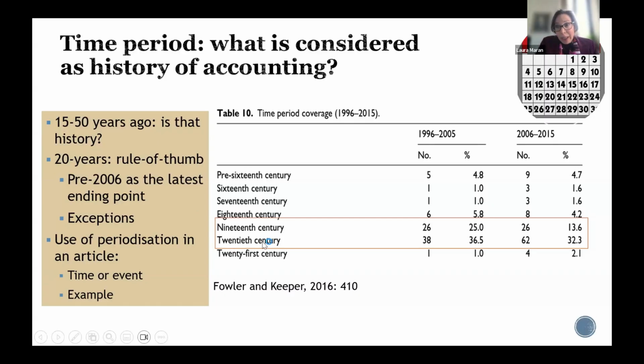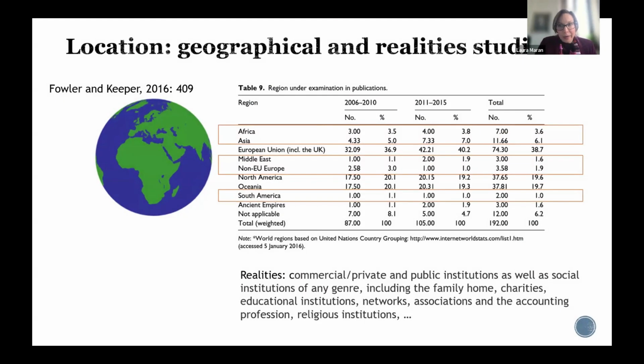The periodization of an article is important. It should be declared. And if an event is not developing longitudinally into history, some examples should be brought and some specific time or dates should be involved in the paper and explicitly declared.